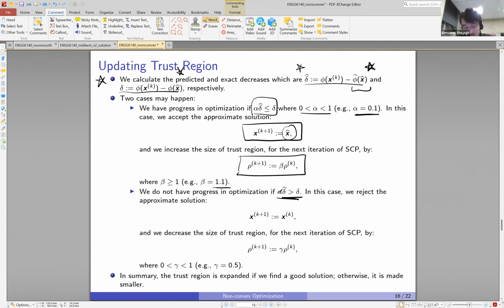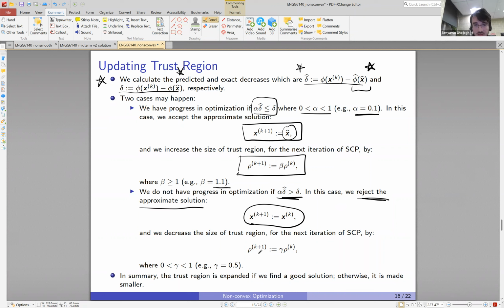It means that if the error which has error into error, it has propagated error in itself, is larger than a scale of this actual error, which has only one order of error, then it's not good. Then it's not good. Reject the solution, reject the approximated solution, which was x hat, and have the previous solution, copy it to be the solution of the iteration k plus 1. So copy the solution of iteration k to be the solution of iteration k plus 1, right?